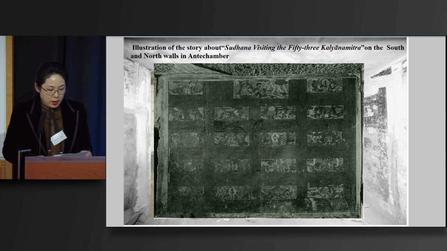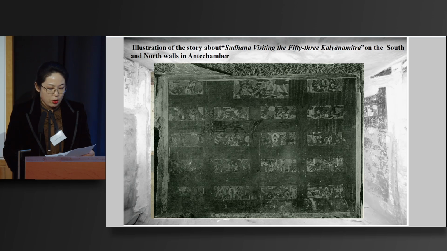A scholar named Liang Weiying from the Dunhuang Academy first recognized that these square paintings tell the story of Sudhana visiting the 53 kalyanamitras, according to the chapter of entering the Dharma realm from the Avatamsaka Sutra.